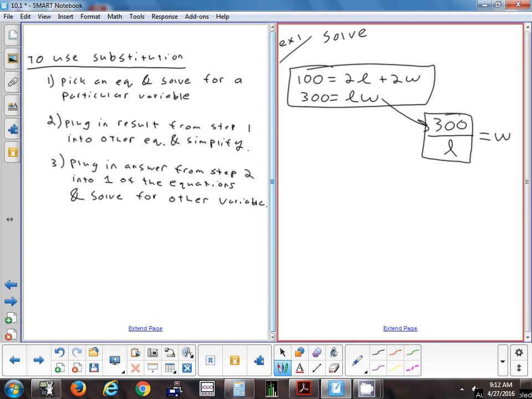We're going to take and plug in what's in this box into the other equation, into the top equation. What letter am I going to replace with what's in this box?